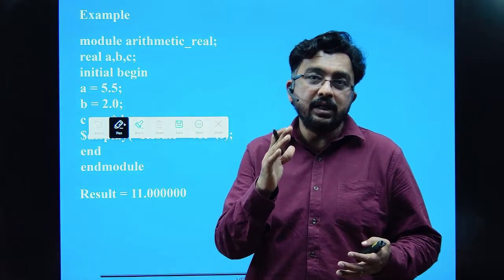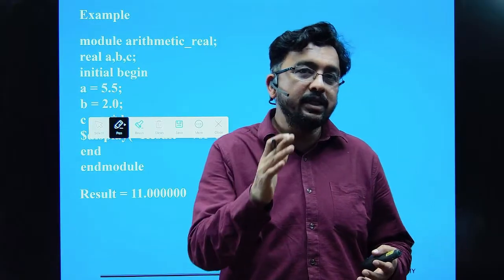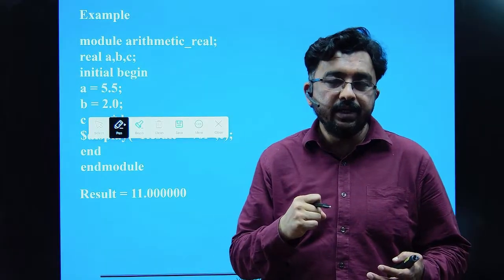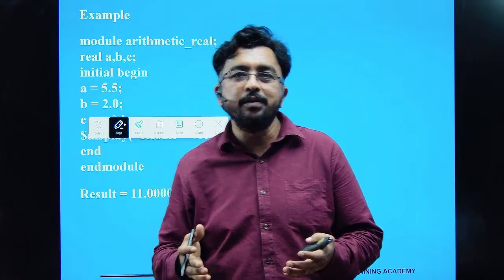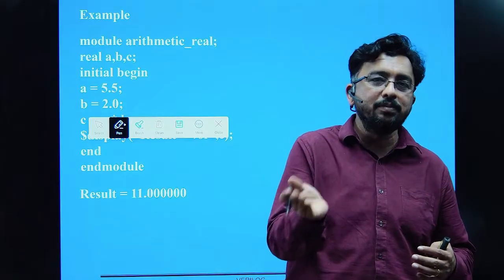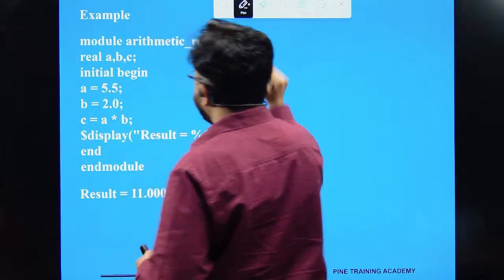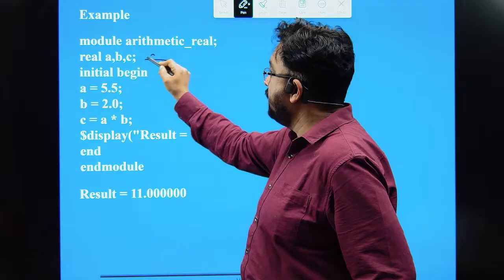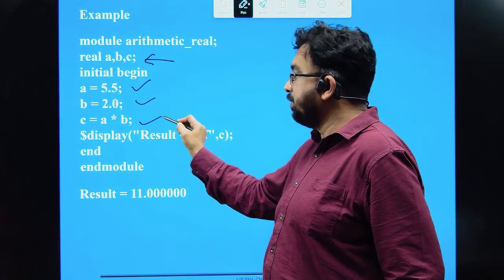कि रियल डेटा टाइप जो है, वो कैसे बेसिकली दिखेगा, कैसे कॉल होगा, कैसे एग्जीक्यूट होगा। अगर आपको 8-10 स्लाइड में बार बार रियल के बारे में पता चल जाएगा तो आप उससे फैमिलियर हो जाओगे और आप बाहर जाके उसको रिवाइज कर सकते हो। So this is again an example of arithmetic: we have defined three variables a, b, c, a 5.5, b 2.5, and this is a multiplication.